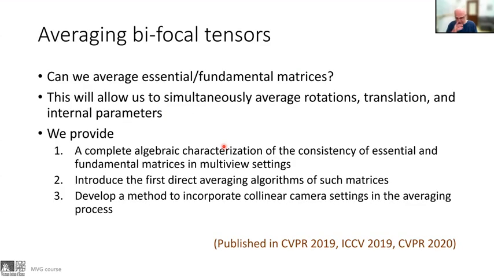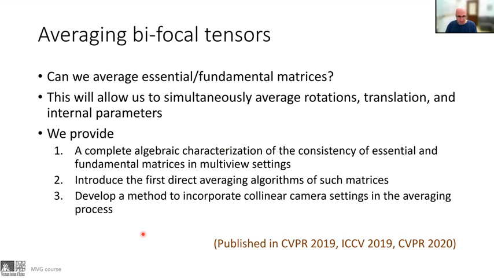As I said in the beginning of this class, this is work that was done by Yoni, Amnon, and Merav. The question was, how can we average essential and fundamental matrices? What's nice about this idea is that if we can do that, we can simultaneously average rotations, translations, and internal parameters in one optimization, unlike LUD.